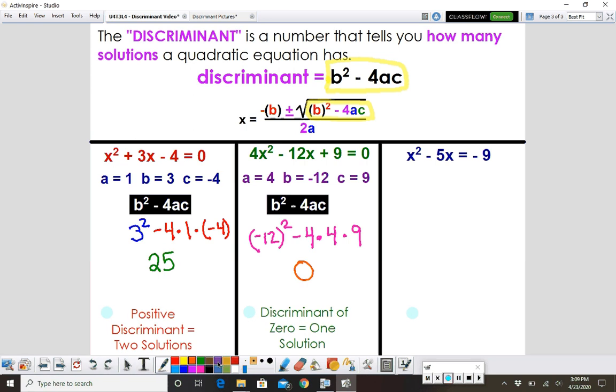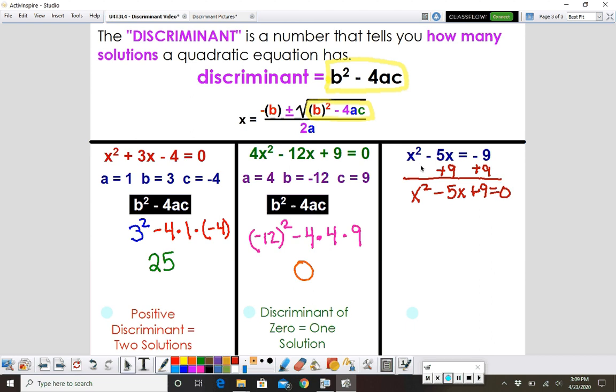Now in our last case here, I want you to notice this is not in standard form. So we have to put it in standard form, which means we need to move this over to the other side, make it equal to 0. So we're going to have x squared minus 5x plus 9 equals 0.